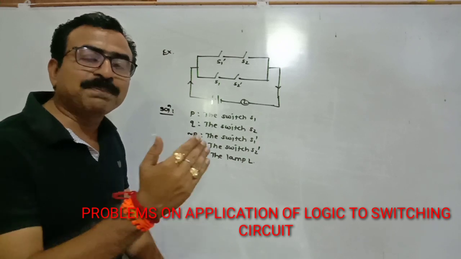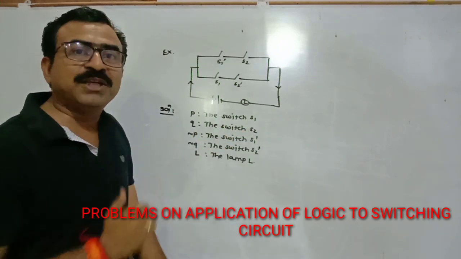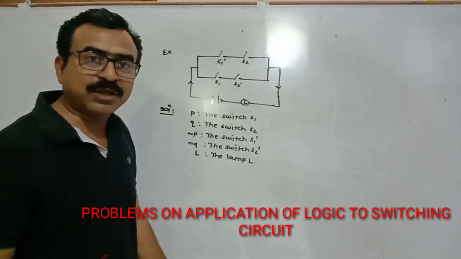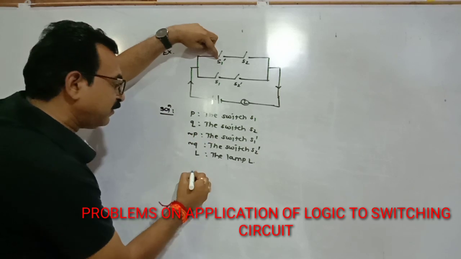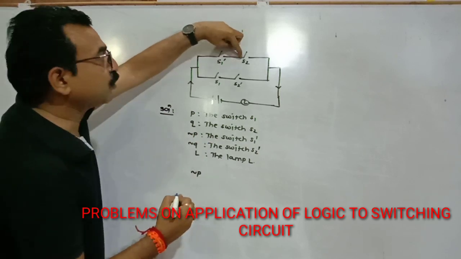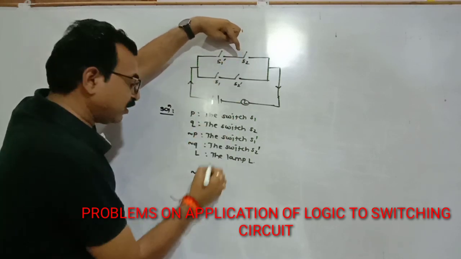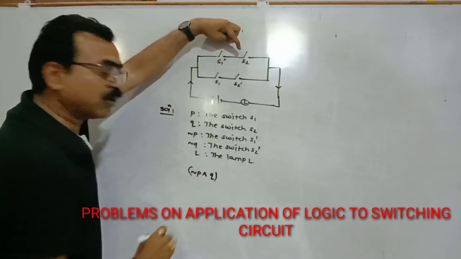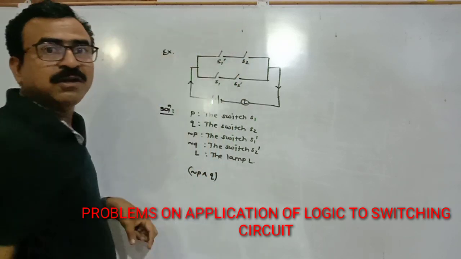According to our previous knowledge, when the switches are present in series combination, you have to use AND. So S1 dash means negation P, S2 means Q, and they are present in series combination, so use AND. This is the symbolic representation of the first line.